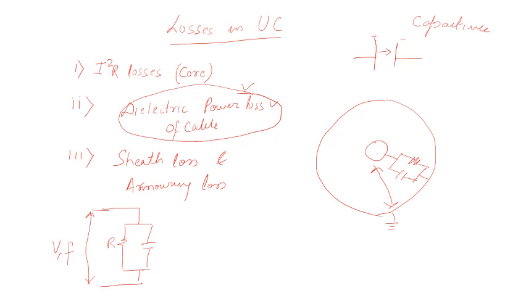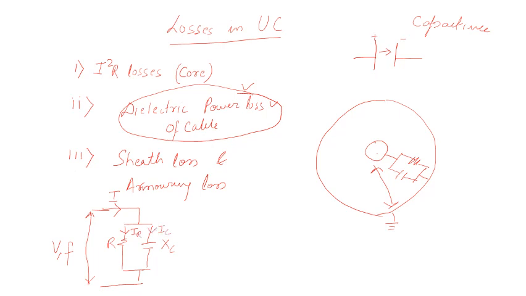So there will be a leakage current here, and this leakage current will get divided into two parts: your IR, the resistive component, and another, your capacitive component.